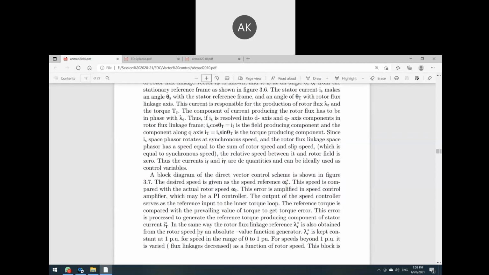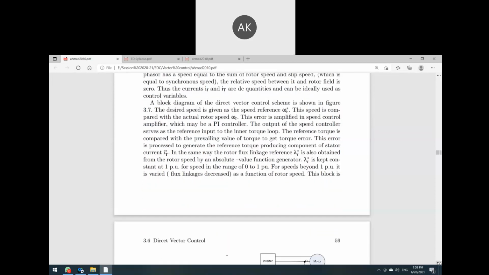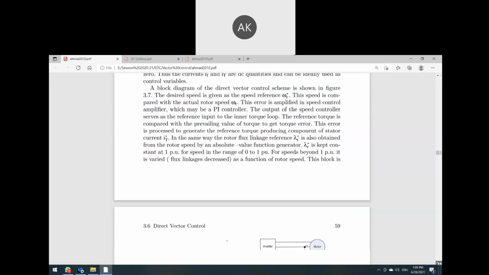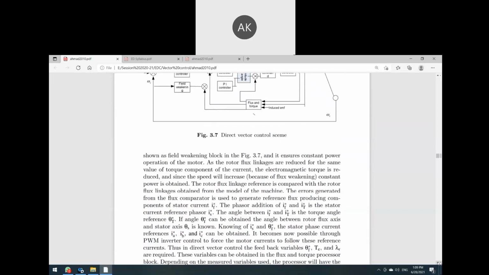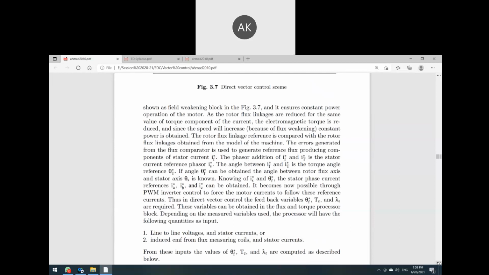In the same way, the rotor flux linkage lambda r is also obtained from the rotor speed by an absolute value function generator. So basically we generate the reference flux and reference torque using the direct sensing of the parameters. The error generated from the flux comparator is used to generate the reference flux producing component of the stator current.